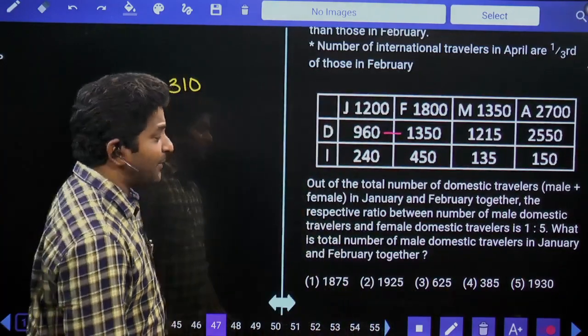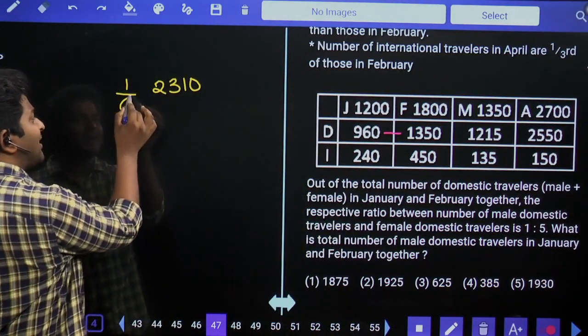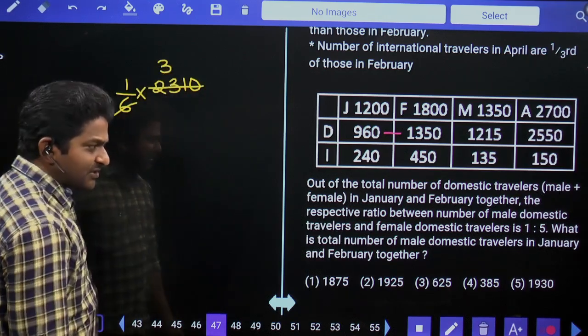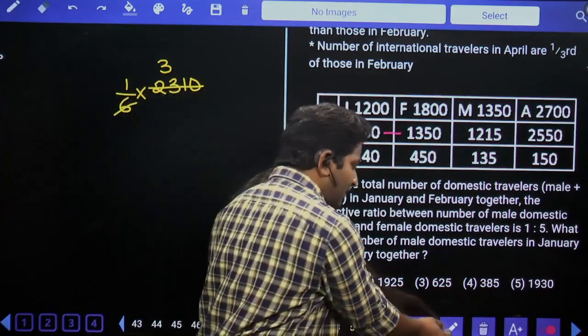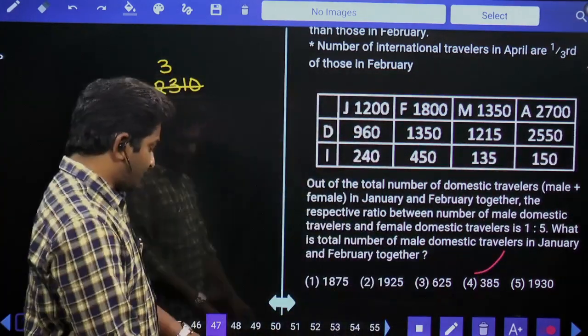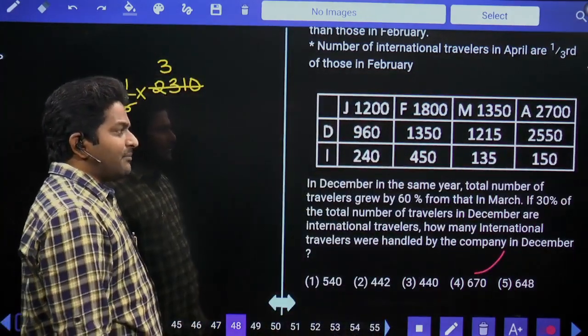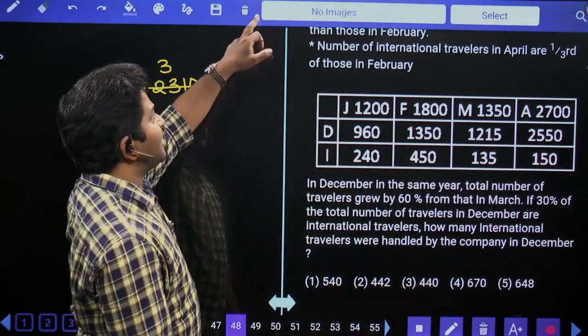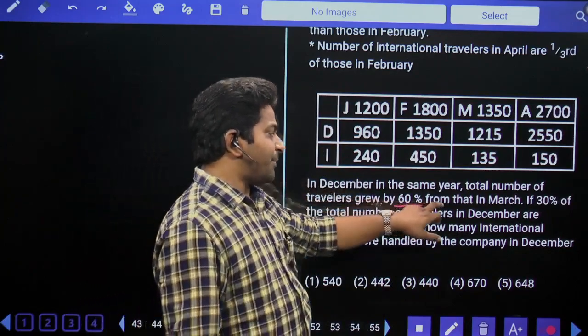So total it is 6 parts, so male are 1/6 of the total. 6 3s are 18, so the answer is 385. How many options are starting with 3? Yes, there is only one. Final answer, fourth option.